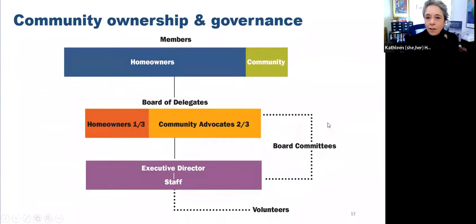And really important for our model, this is what differentiates us from other home ownership programs that might arise on a nonprofit basis, is that we are an ally model.